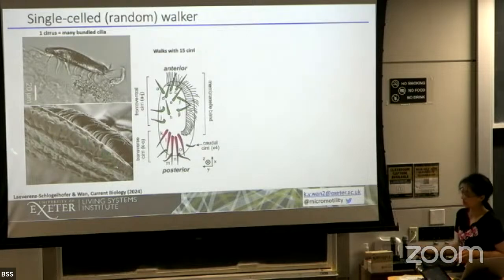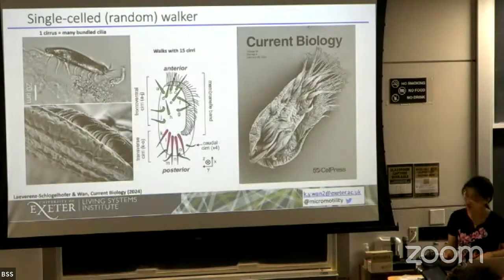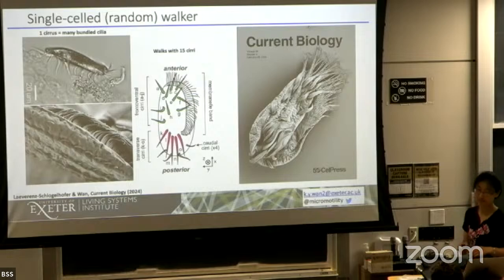This is the dorsal surface of the organism. You can see these other types of cilia protruding from the surface. But the point is, underneath, you have these huge bundles of cilia which make up each of these cirri. So each of the legs that it uses for walking is about 50 individual cilia.